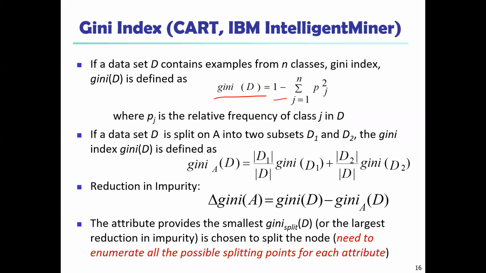If a dataset D is split on A into two subsets D1 and D2, the Gini index is defined as mod D1 by D times Gini of D1 plus mod D2 by D times Gini of D2. We'll see with an example how to do this.